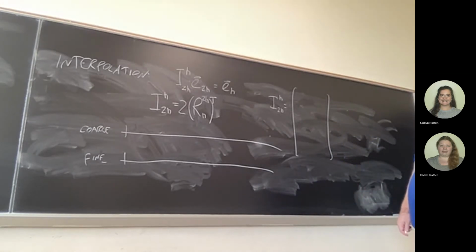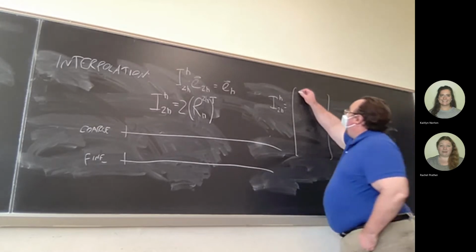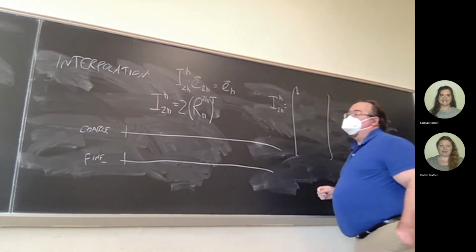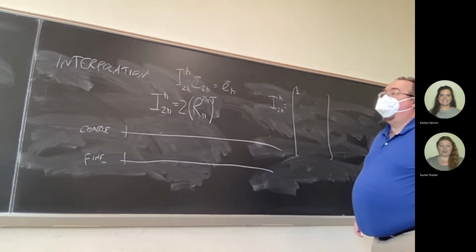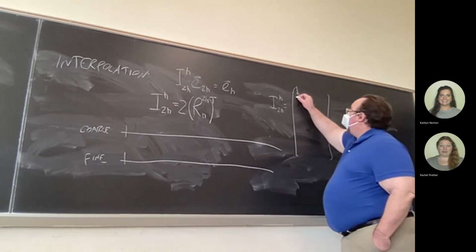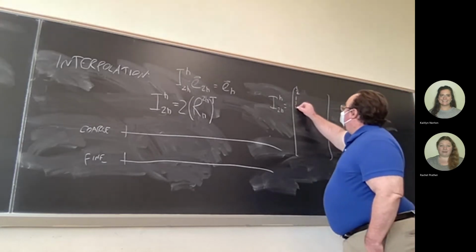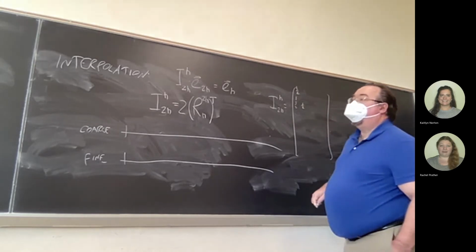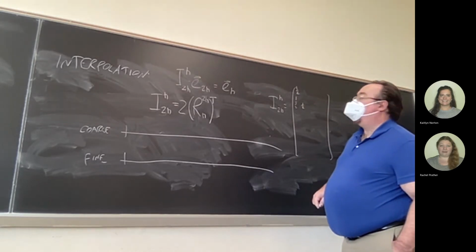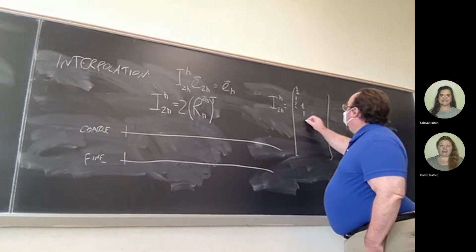Okay, so what we have is the first row, we're just going to have a 1/2 for our first element. And then for the second row, we're going to have just a 1. And then we'll have 1/2 and 1/2. Okay, fourth row, we're going to have a 1.